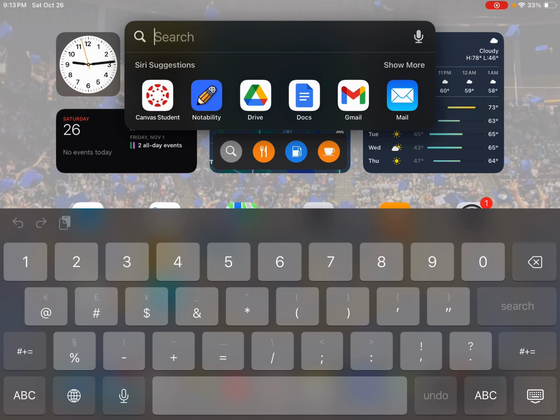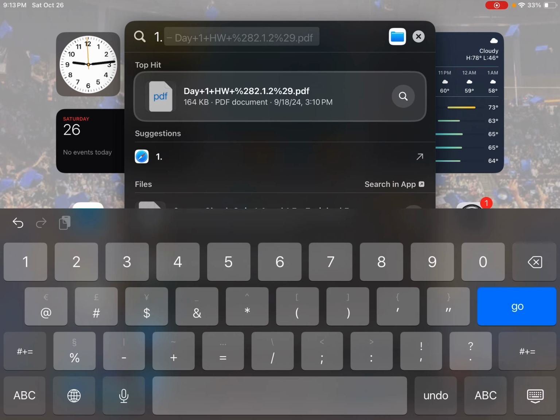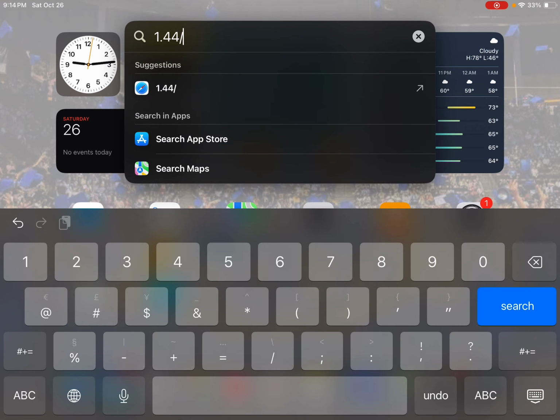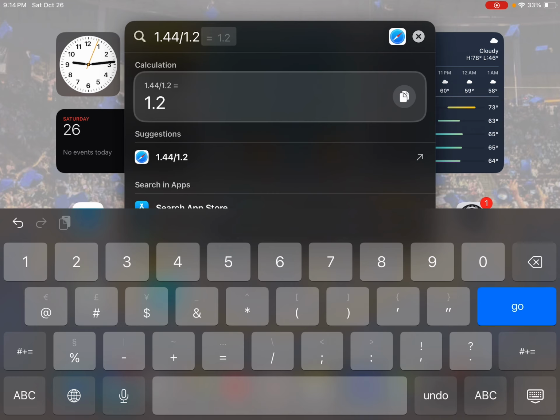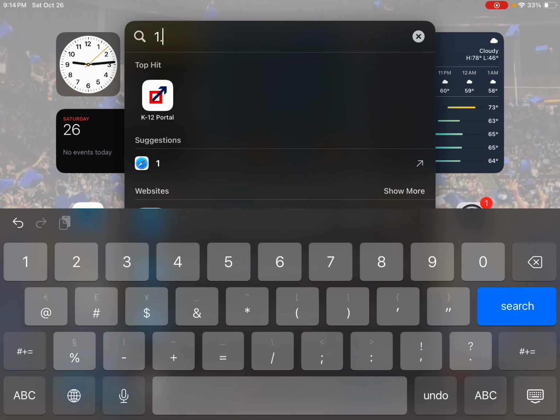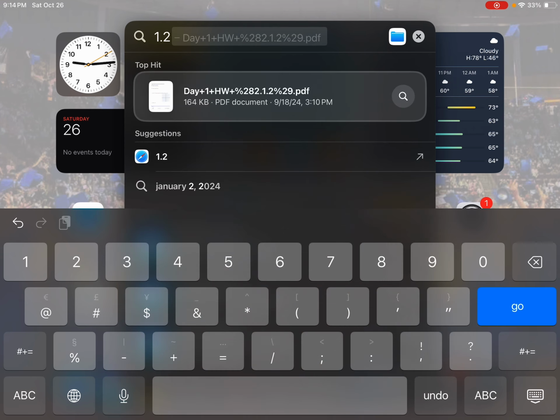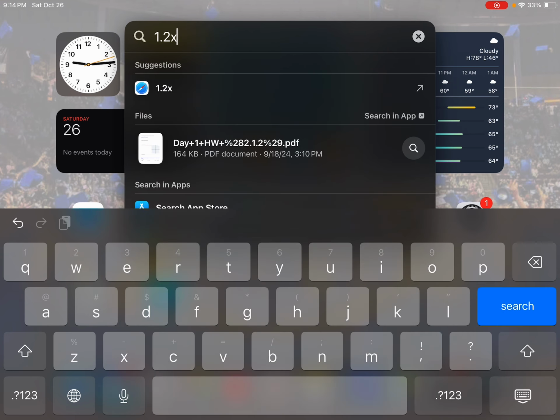Yeah, I don't know off the top of my head what it's multiplying by. I think it's multiplying by 1.2. Could be wrong. Let me check real quick.